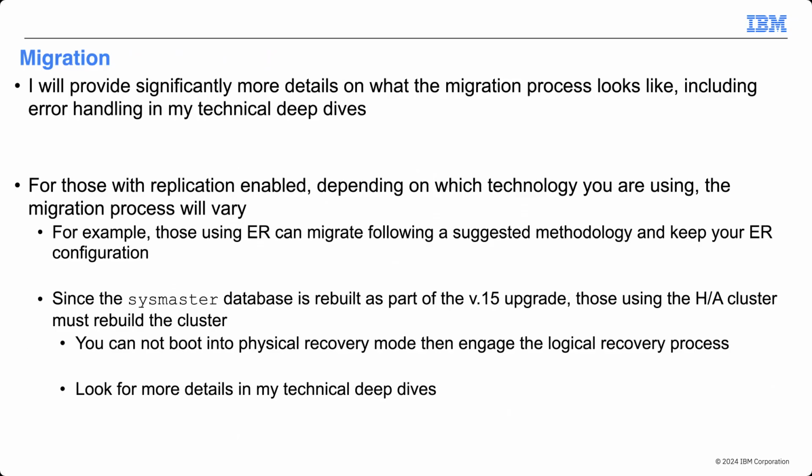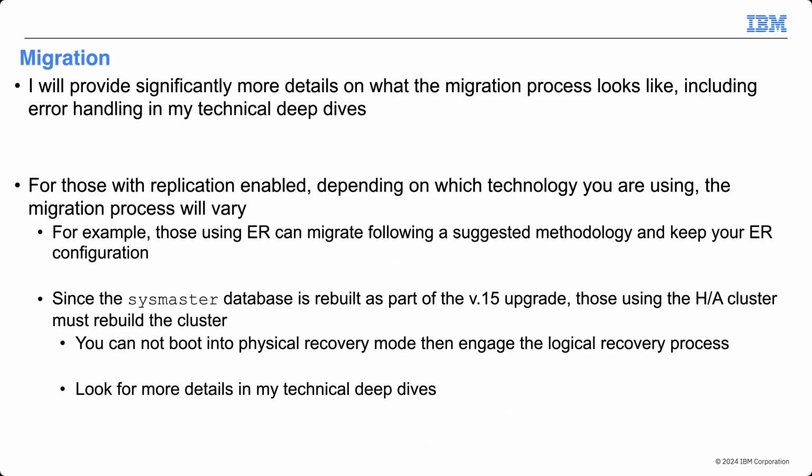Where it becomes less pleasant is if you are using the HA cluster. We are rebuilding the SysMaster database as part of the migration for 15. And unfortunately, HA cluster definitions are lost in that rebuild. So obviously you want to migrate your HA cluster primary first, as you'll see again in the deep dive and webcasts and so forth.